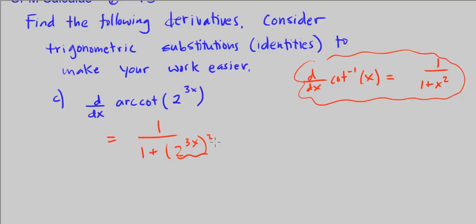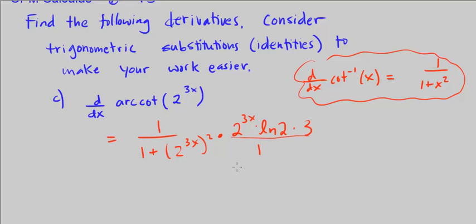Because this whole quantity here is x. And then we have to use the chain rule, so we're going to multiply by the derivative of 2 to the 3x, and that's an exponential, so it's 2 to the 3x times ln of 2, times, we have the chain rule, we have to multiply by the derivative of 3x, which is 3.